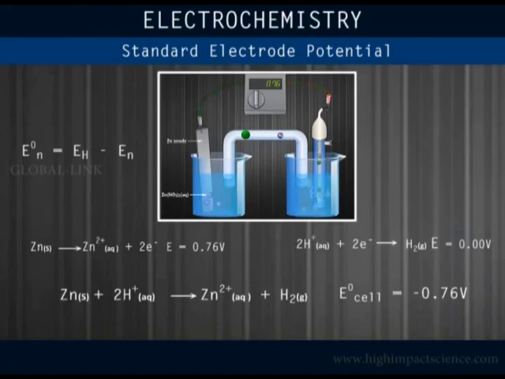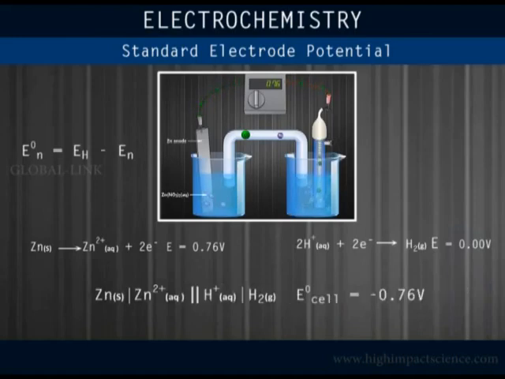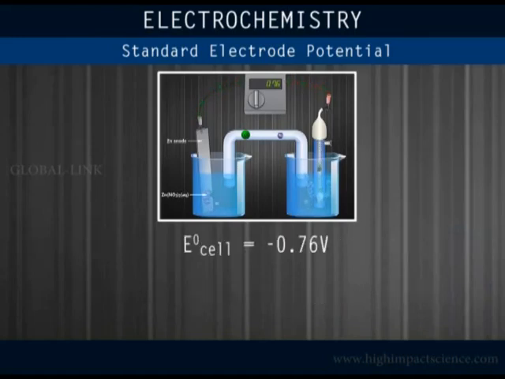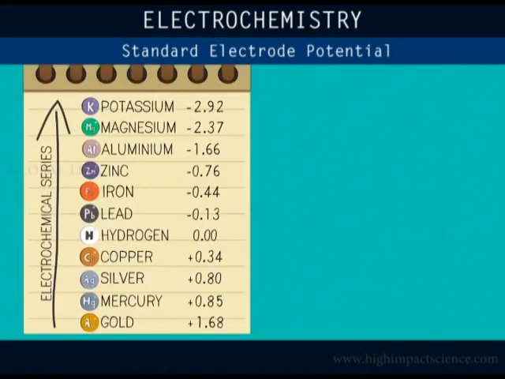The cell diagram is represented as shown here. When the elements are connected to the standard hydrogen half cell, we obtain their standard electrode potential. This is called the electrochemical series.